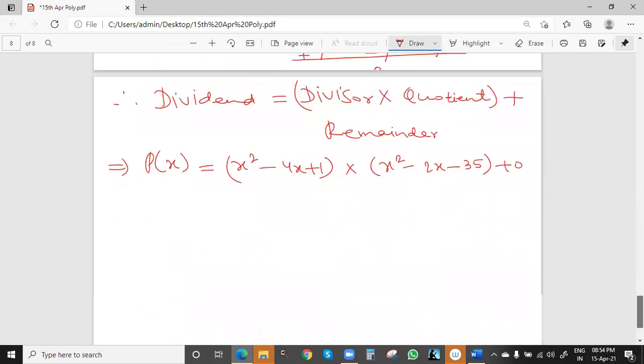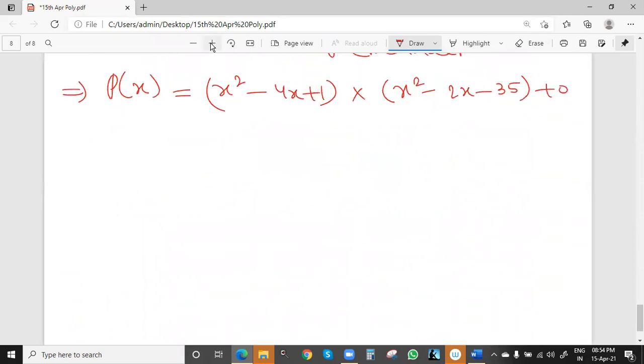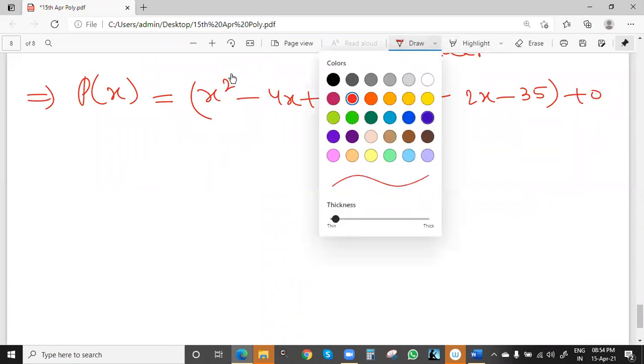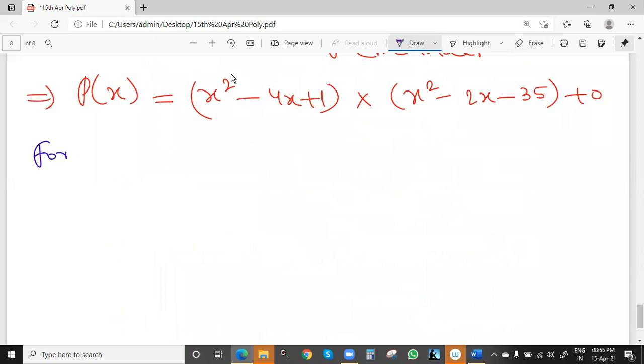Now we'll try to solve this equation to get the final value of the zeros. So here we can write one line for getting all zeros, because we know the zeros concept: zeros are basically x values for which px is 0. So for getting all zeros, put px equal to 0.